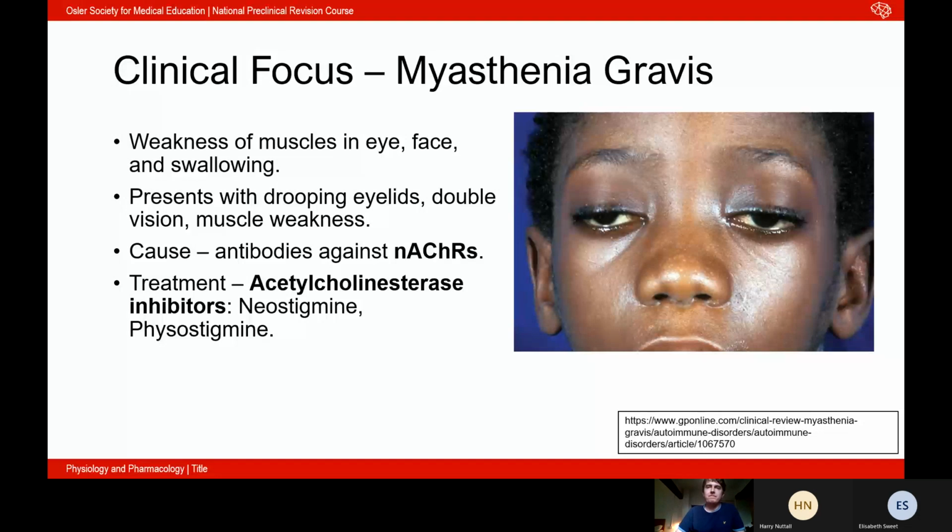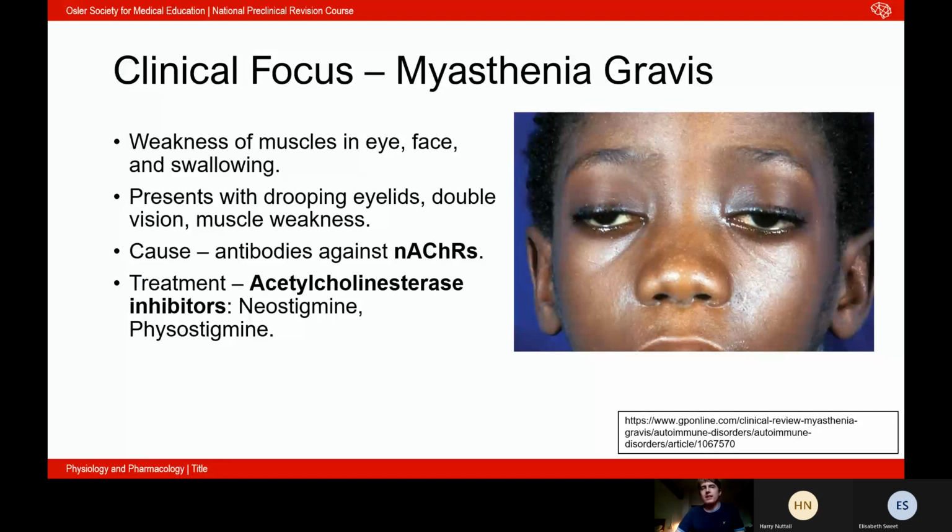And essentially, what we get is a deficit of this neuromuscular junction transmission. The presynaptic action potential isn't able to induce depolarization postsynaptically, and so we have these deficits.